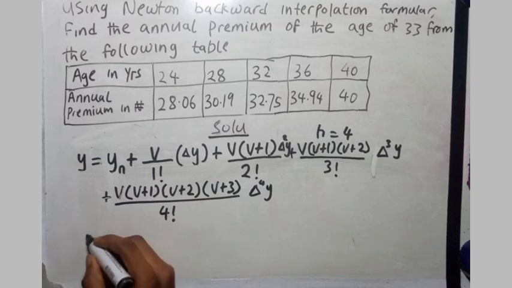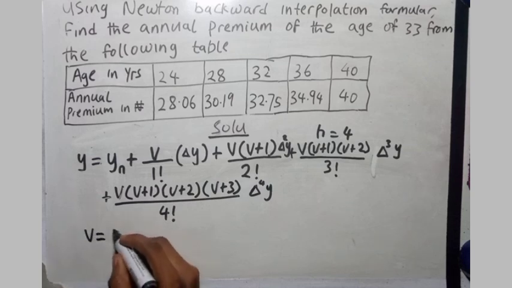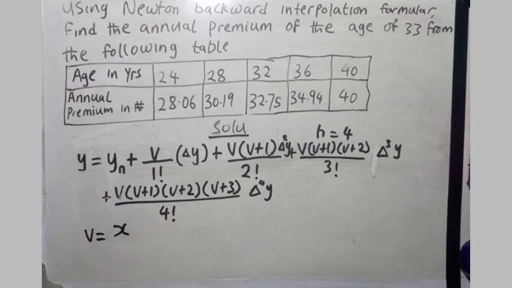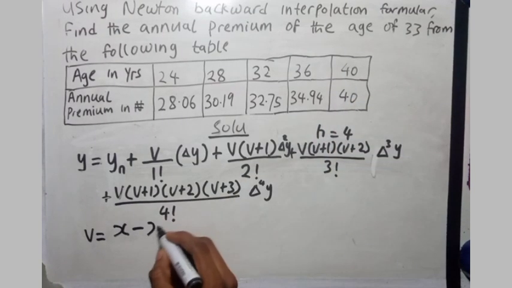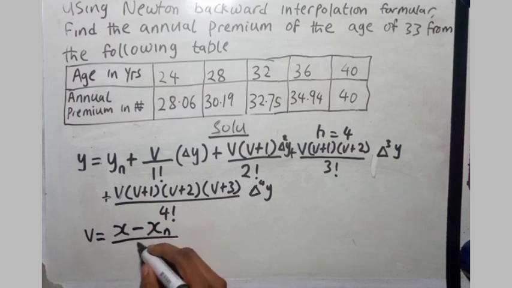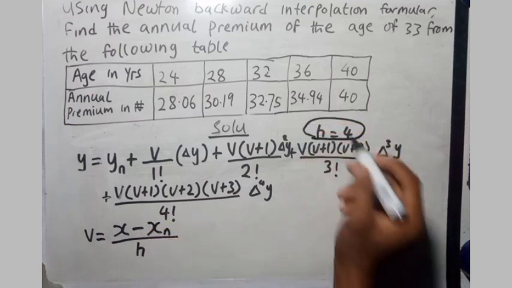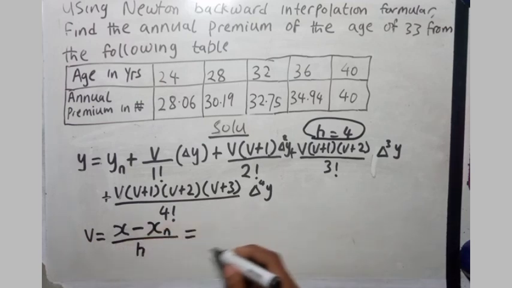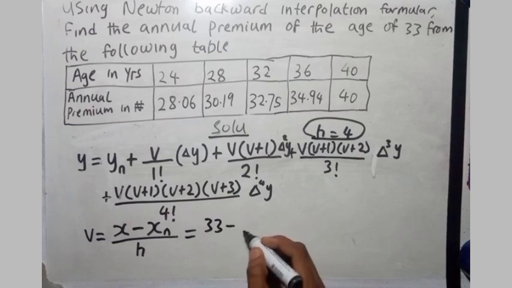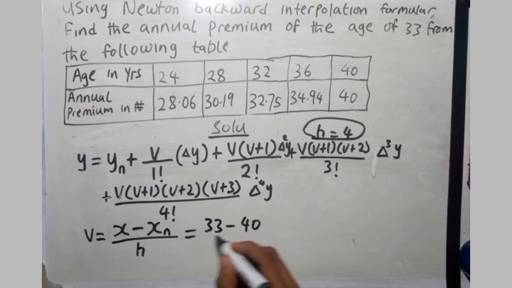Now it's for us to find the value of our v and the changes in y. We have that v is equal to the x that you are given, which is 33, subtracted from the last x given, which in this case is 40, then divided by your h, which we've got to be 4. When we input our values, we have 33 minus 40 over 4.